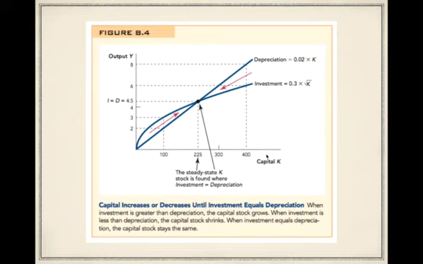Whether capital is going to grow or shrink depends upon, obviously, our investment rate and our depreciation rate and also our alpha. But for a given rate of depreciation, a given rate of investment and a given alpha, whether our capital will be increasing or decreasing next year depends on where we are.